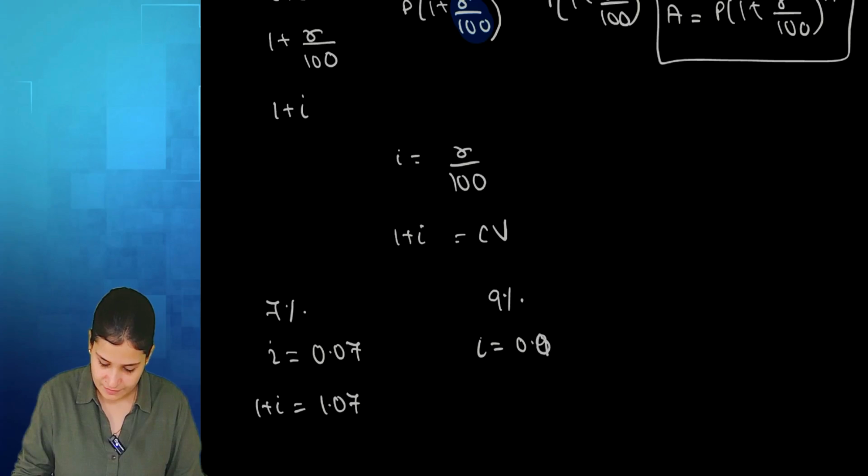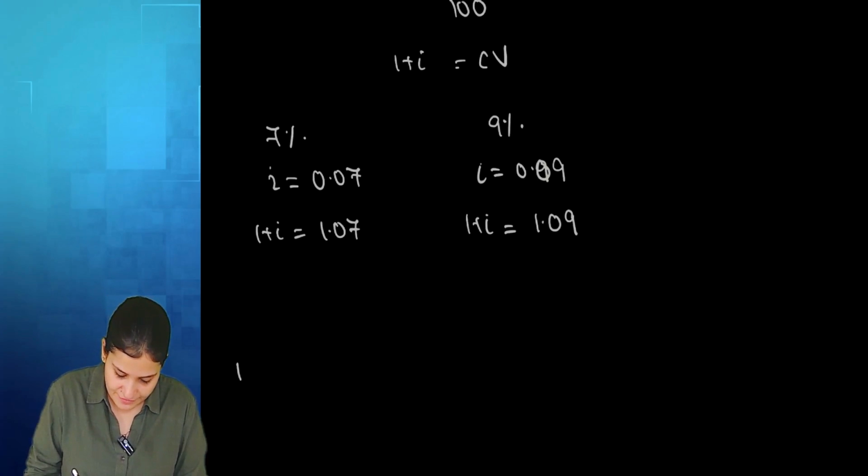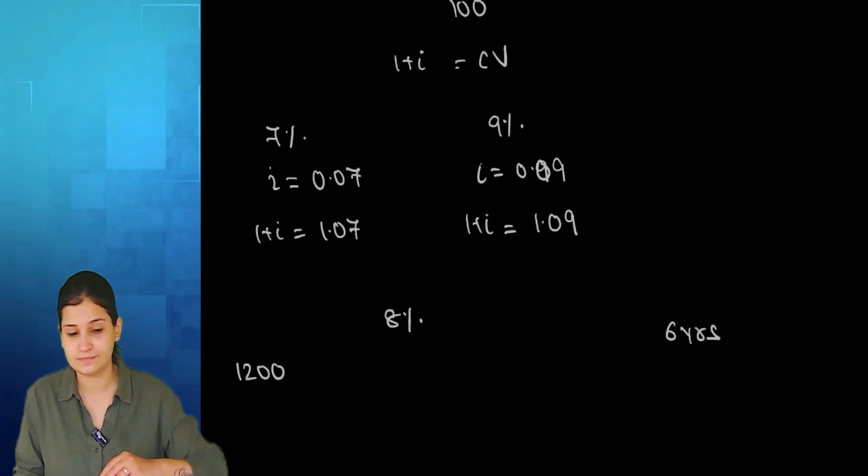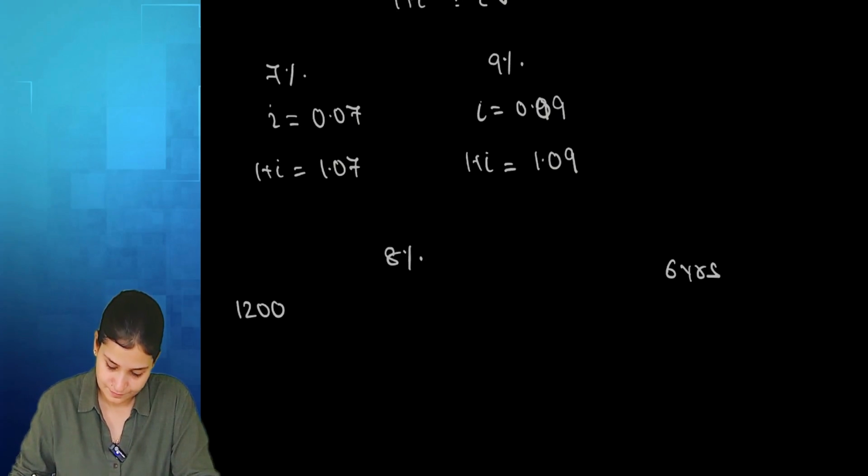And what will be 1 plus I? 1.09. So, if I invest rupees 1200 at 8% per annum, how much will I get after 6 years? It will be 1200 into 1.08 to the power 6.